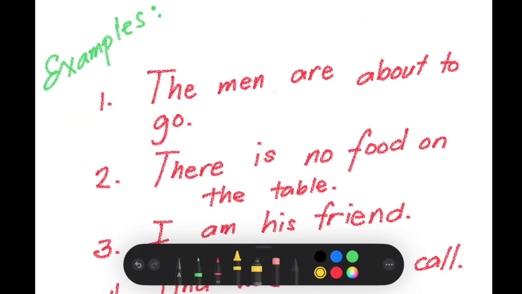Now let's take these examples in identifying the linking verbs in each sentence. Number one, the men are about to go. So are is the state of being or the linking verb in this sentence, right?